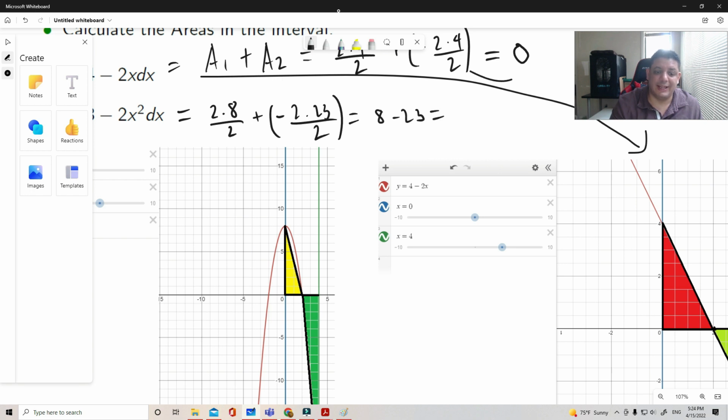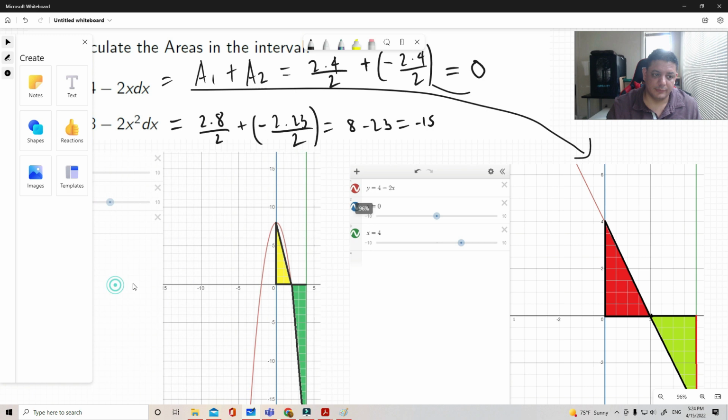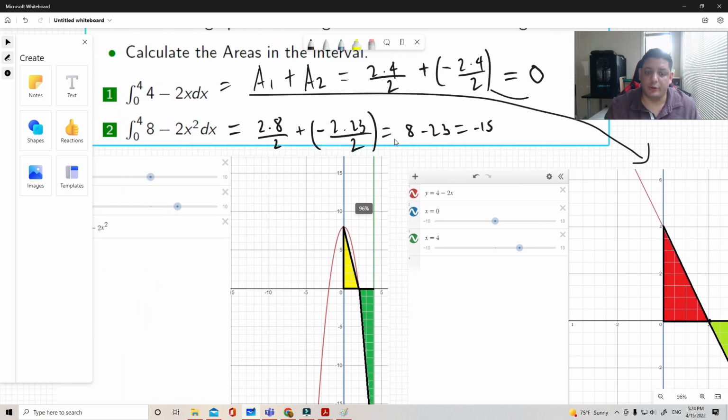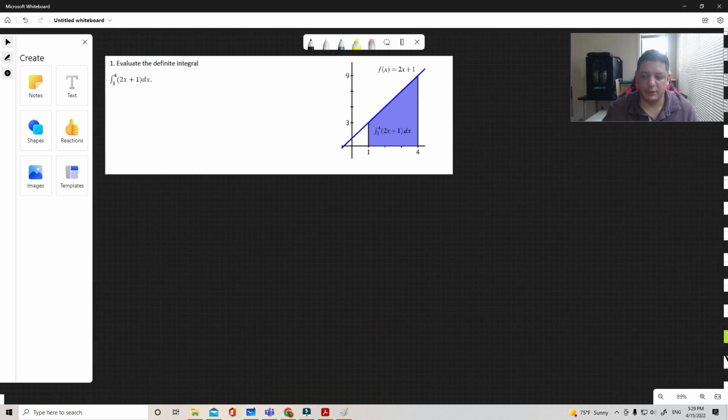And we're going to be left with an integral that is going to give us a negative value. So as you can see, the notion of integral under the curve is not necessarily going to yield us a positive result unless we are working with positive functions.